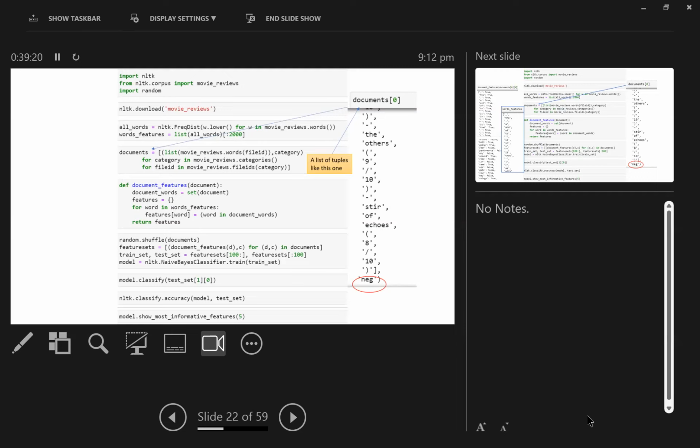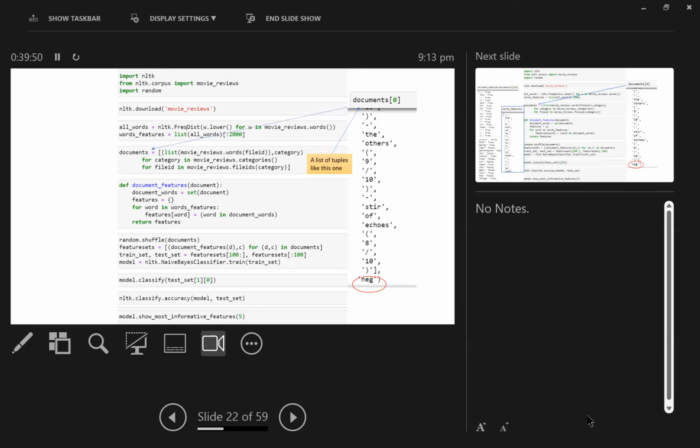For each category, we go through the files in that category, get the file ID, and then use it to get the words that appear in this file together with its category. So first is positive, next is negative.